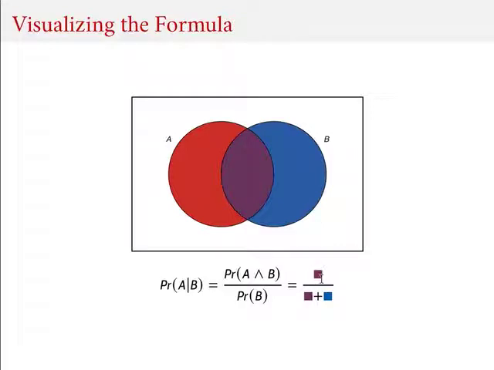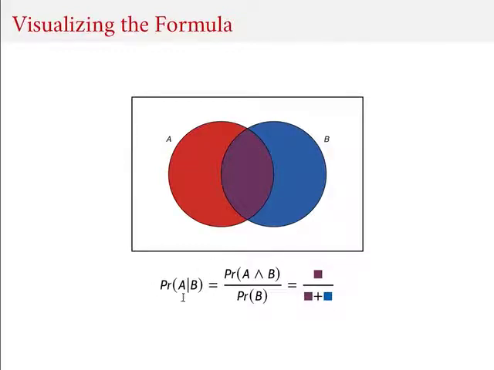And then if we consider just the purple, the part of B that's A, that is the probability of A and B. So the probability of A given B, the conditional probability of A on B, is visually the proportion of B that is also A. Or another way of thinking about it is: given that we're in B, how likely is it that we're also in A?